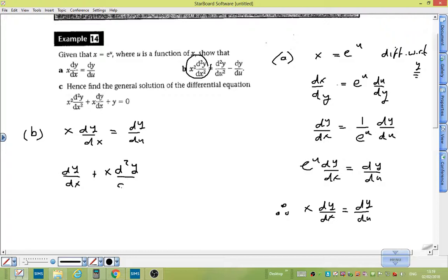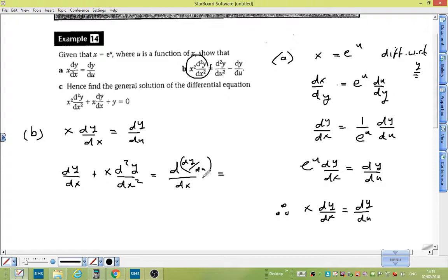d2y by dx squared is equal to, and we are going to try and differentiate dy by du with respect to x. Now we can't do that, so how we deal with it is the chain rule.